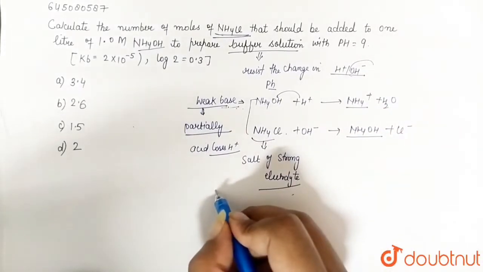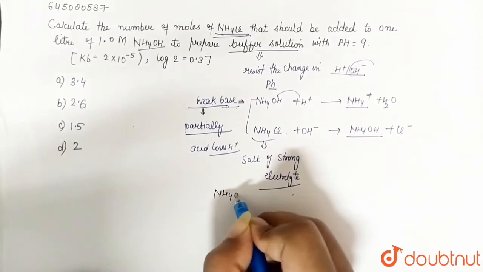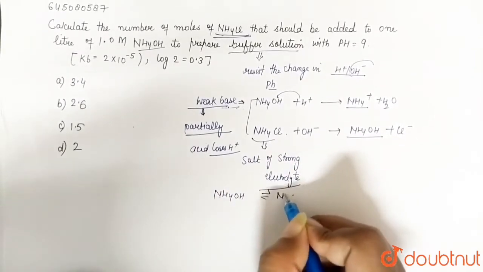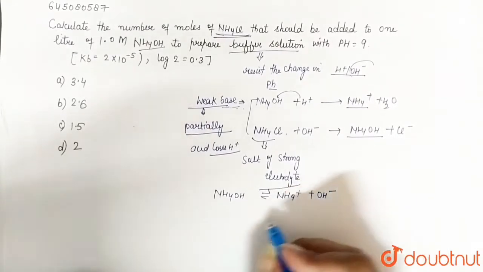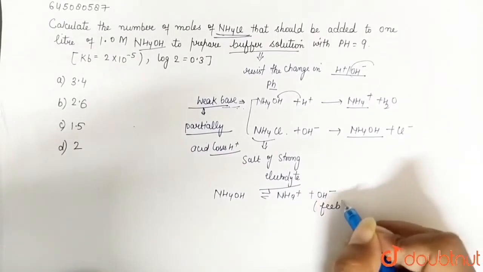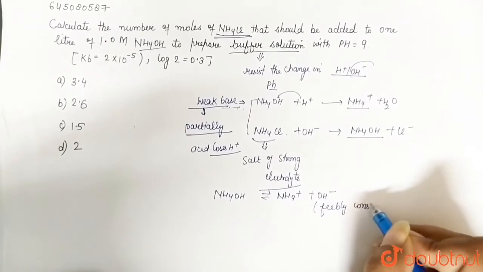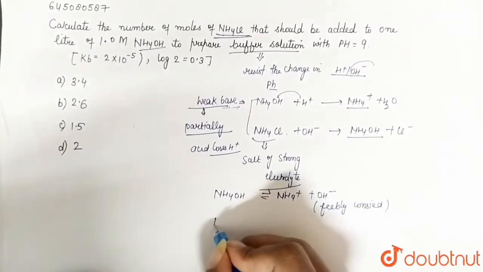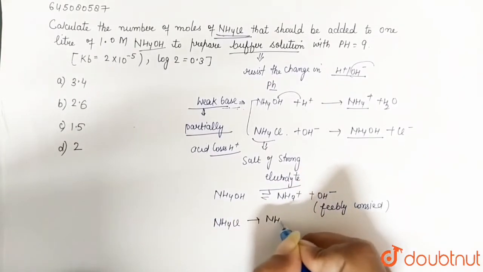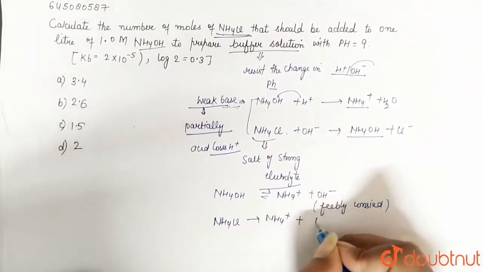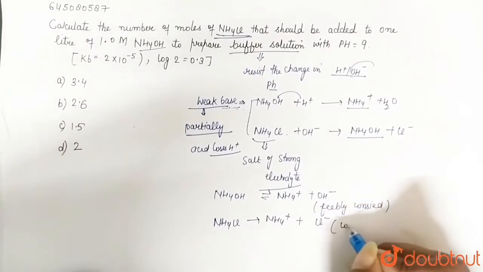Also you can see that if NH4OH dissociates, it will form NH4 positive and OH minus. This is feebly ionized because it is weak. After that we are having NH4Cl. It forms NH4 positive, because it is strong, so it will dissociate completely. This is completely ionized.